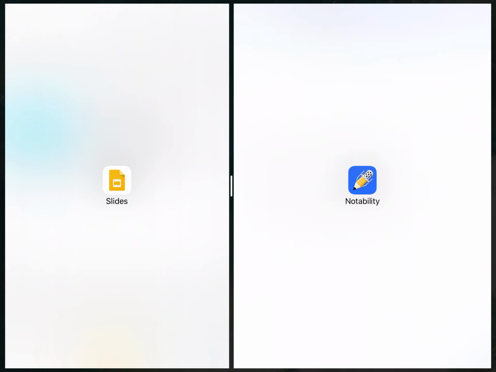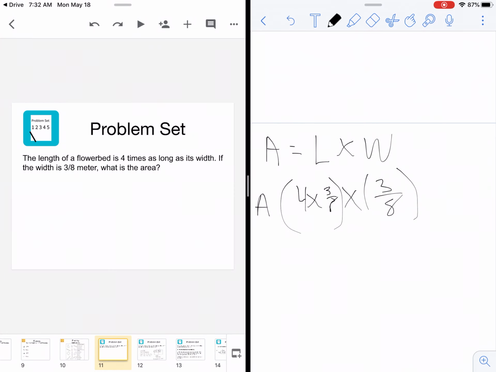Okay, so now we have, our area is 4 times 3/8, which when you multiply across, you get 12/8 times 3/8. Okay, 12/8 is the same.